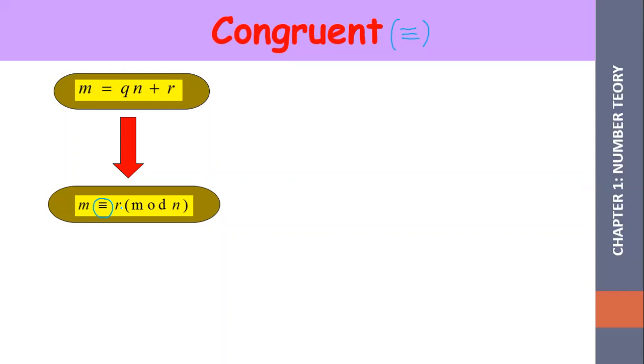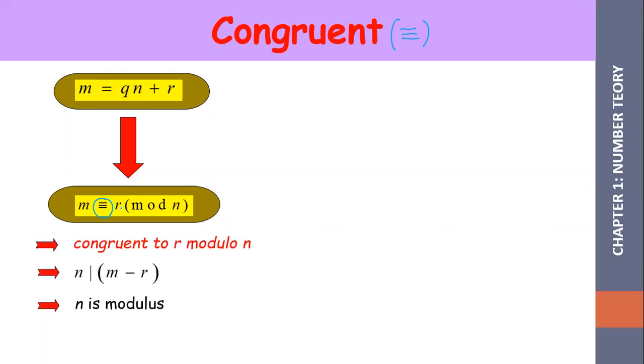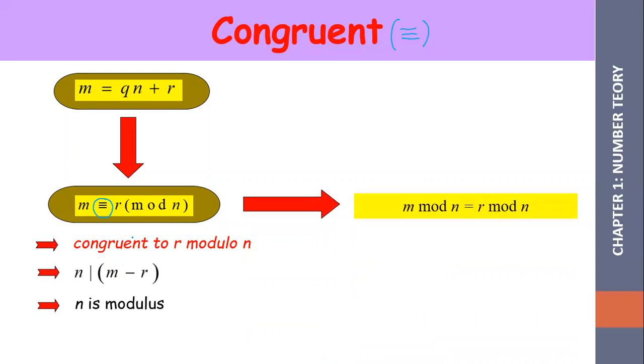How to determine whether m is congruent to r mod n? When n divides m minus r, we say that m is congruent to r mod n.